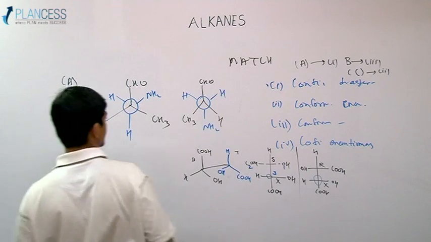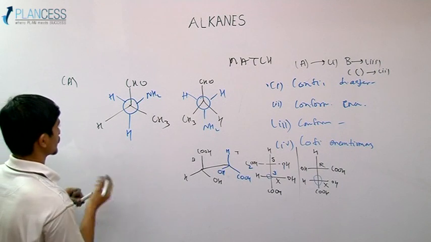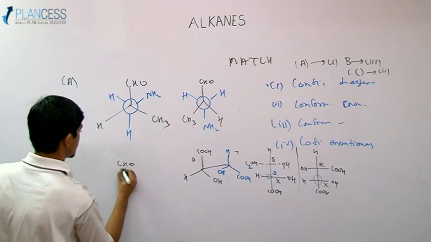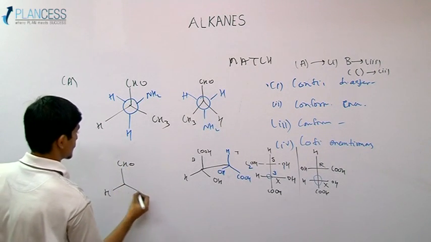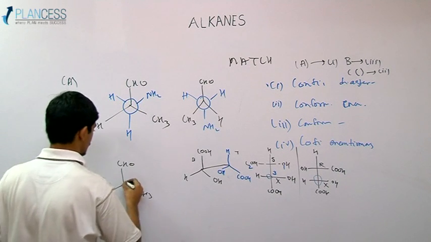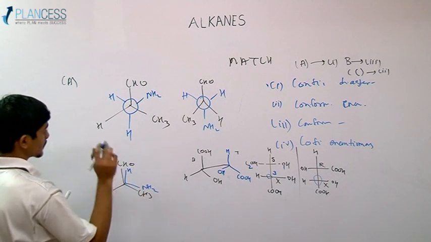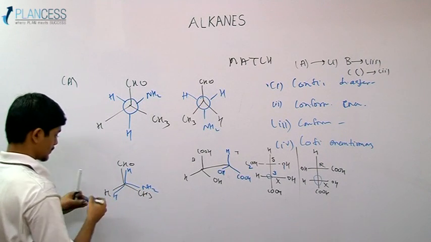Let us try to find it, again following the same procedure. First write the eclipsed conformation. CHO, H, CH3. On the back we have H, NH2, and H. Fine.